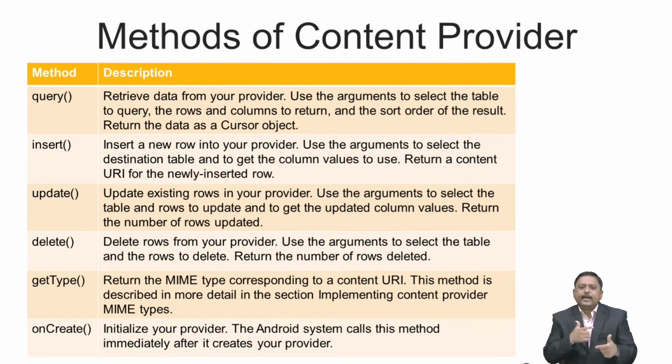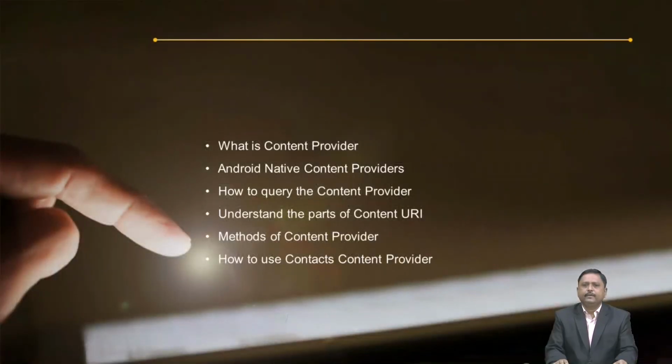And inside onCreate, we have to initialize our provider, and the system calls this method immediately after it creates your provider. So, this is how we can also create our own content provider.